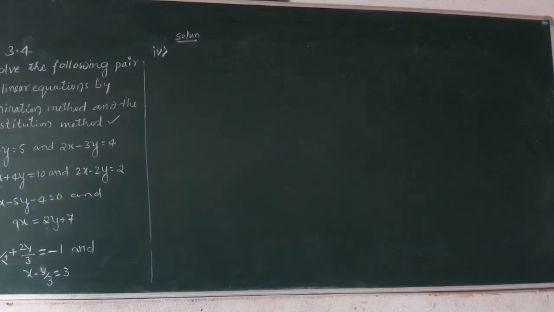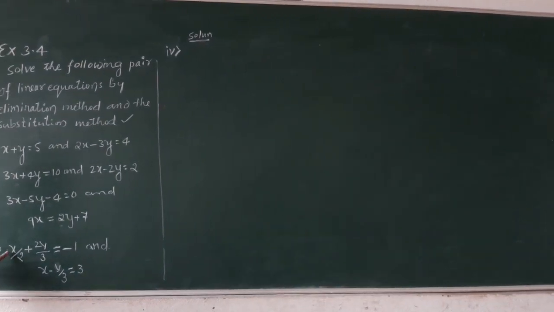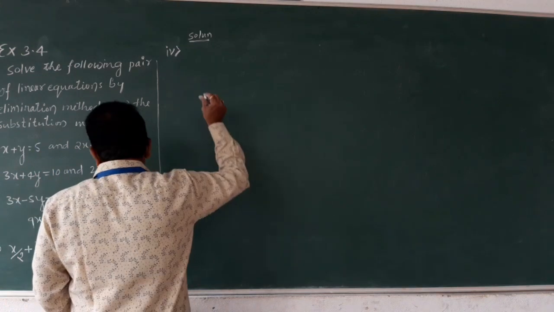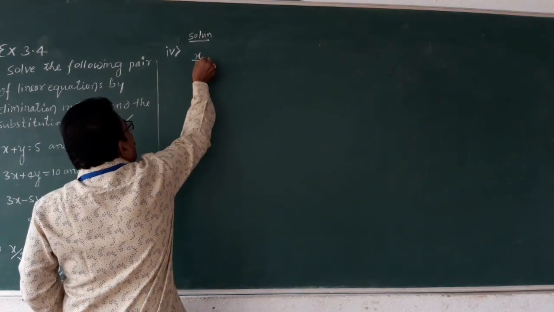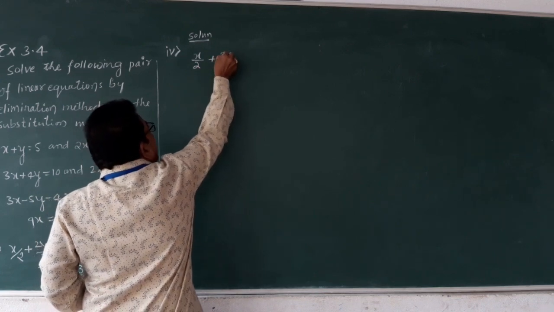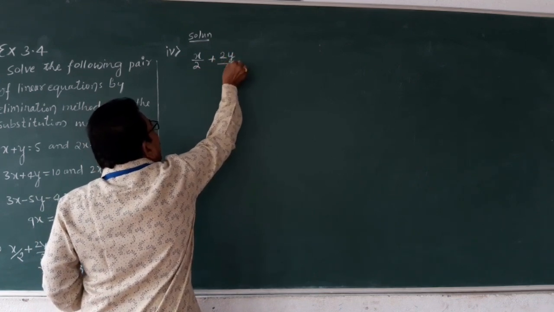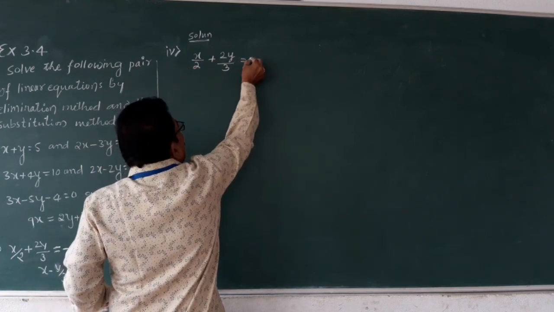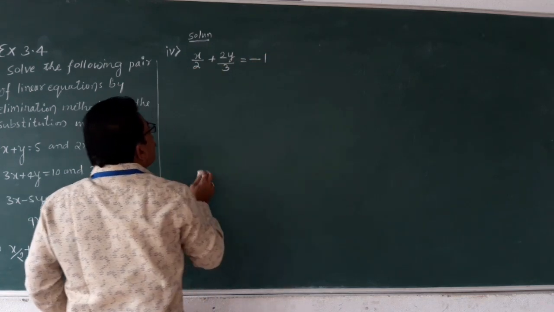See now the last one, the fourth. x by 2 plus 2y by 3 equals minus 1 and x minus y by 3 equals 3. Let us write it as it is. x by 2 plus 2y by 3 equals minus 1.